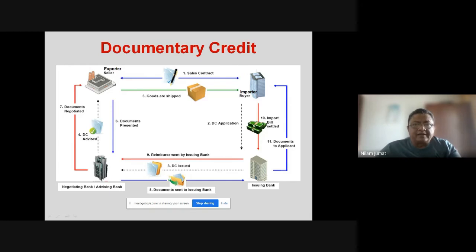The importer's bank will have to pay. How we are going to recover from the importer? That is the arrangement between the importer and the issuing bank. That is a different relationship between these two. In LC, the relationship is only between the issuing bank and the exporter.